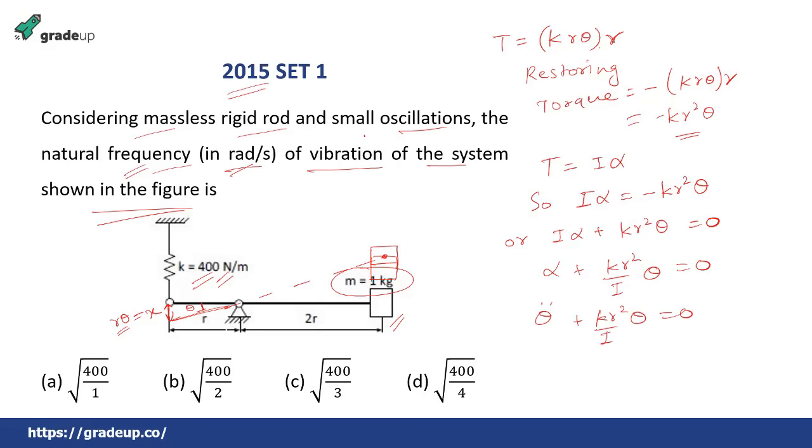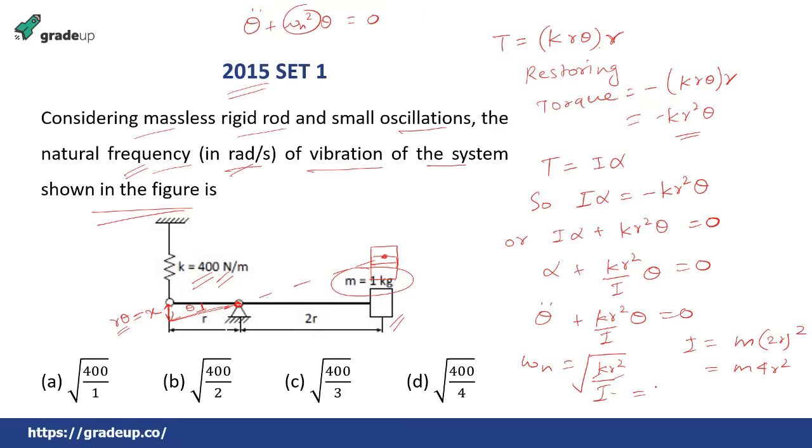Comparing it with the general equation, theta double dot plus omega n square theta equal to 0, we get that omega n, the natural frequency, is equal to the root of k r square by I. But what will be I? k we know, r we know. I will be equal to m into 2r square, because we are considering about this point, so that is m into 4r square.